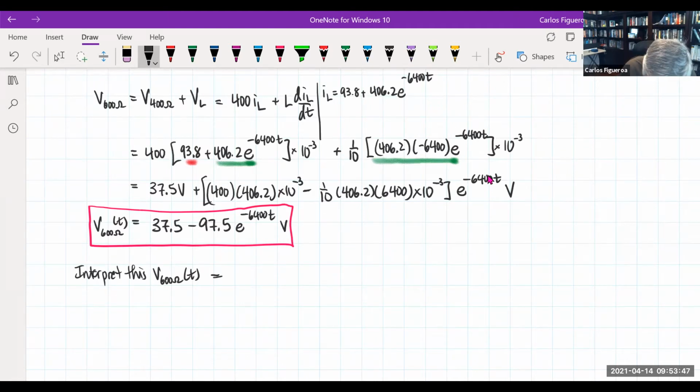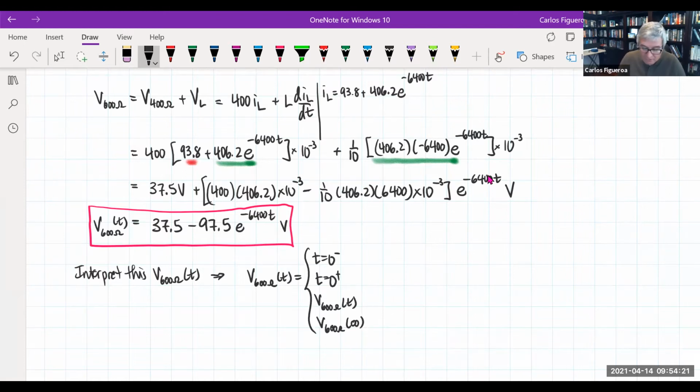The way we do this is that I need the voltage of the 600 for t equal to 0 minus. I need it for t equal to 0 plus. And then I'm going to need V600 as a function of time. And eventually what we'll see here is that we need V600 at t equal to infinity.